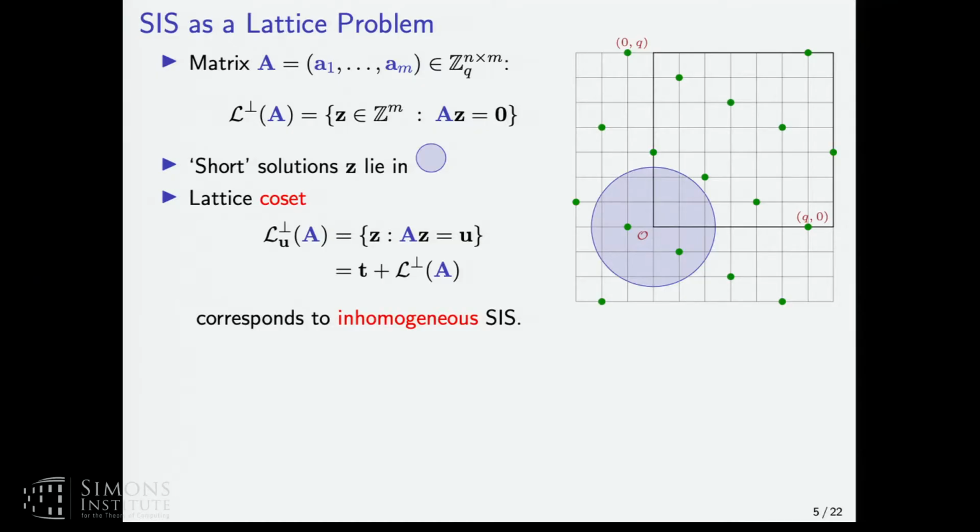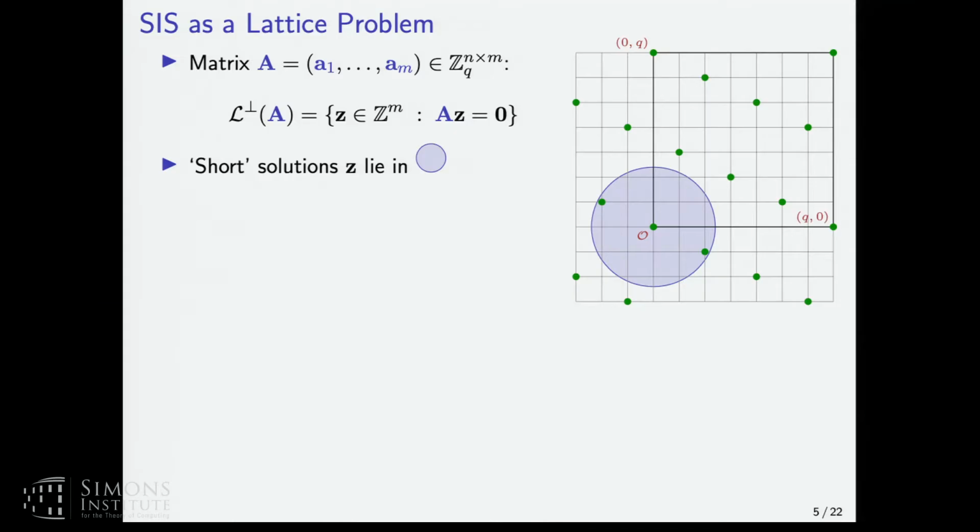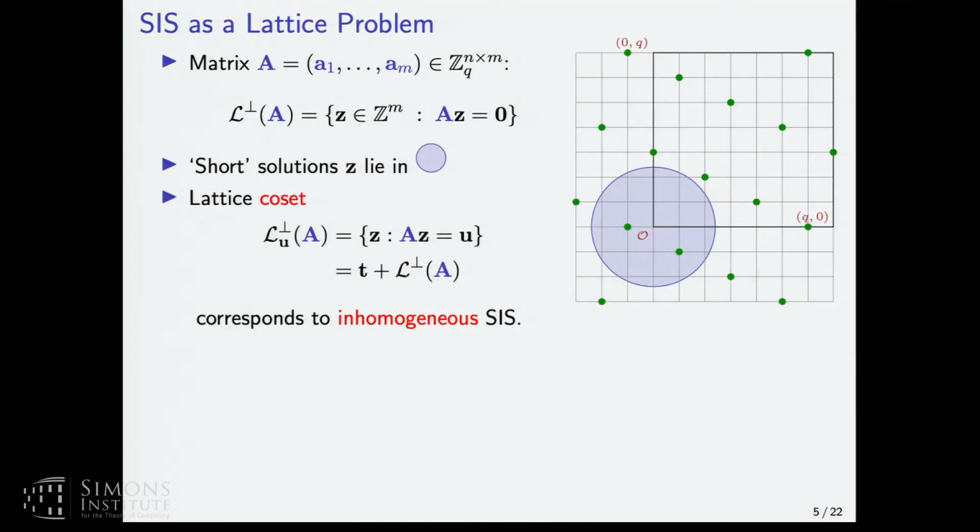One other concept that we'll need is that there are also cosets of this lattice. Here's the lattice with the origin included, and then we can shift the lattice a little bit to the left, or up and down, however you want to move it. If you shift the lattice, that corresponds to a coset.